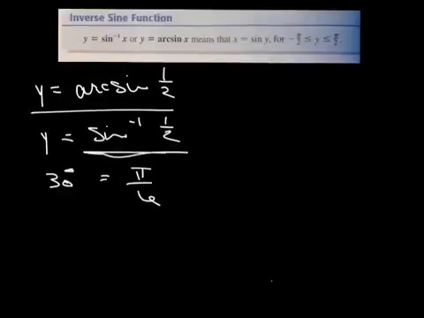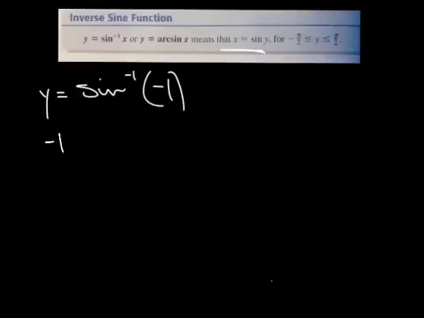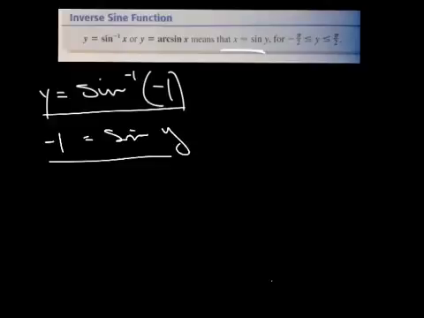Alright, so let's look at example 1, part B. y equals sine -1 of -1. And if we rewrite it this way, it's going to say that -1 equals the sine of y. Okay, so those are saying the exact same thing.